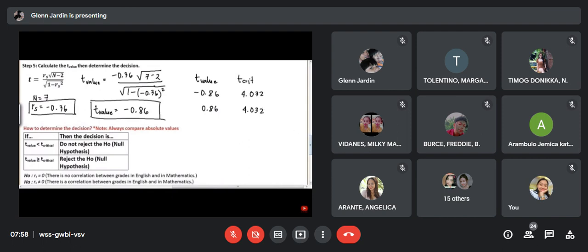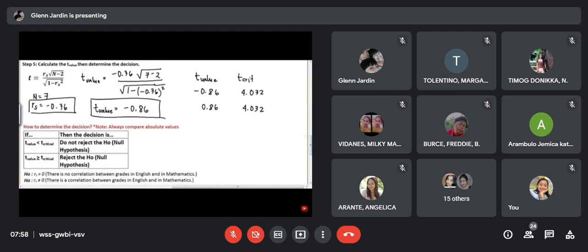So, i-compare ko siya. Sino ang mas malaki? Doon yung ilalagay yung bibig ng inequality symbol. Ang mas malaki dyan, syempre, si 4.032. 0.86 lang to, di ba? So, ito yung ating naging comparing inequality symbol. Ang magiging decision natin is do not reject the null.